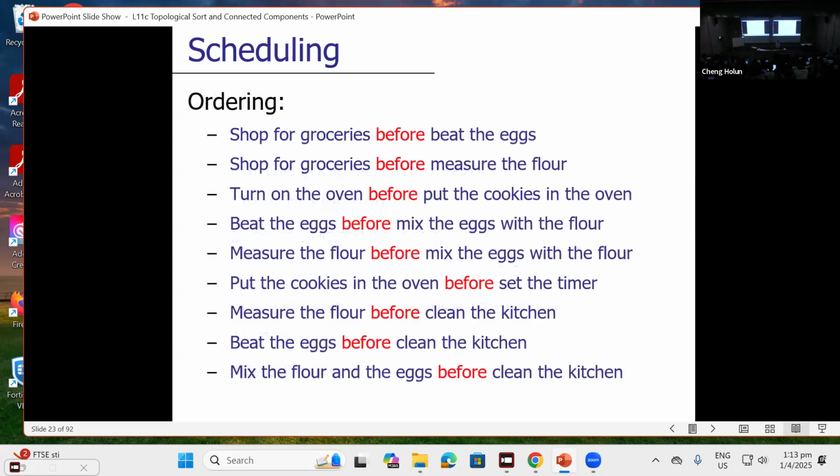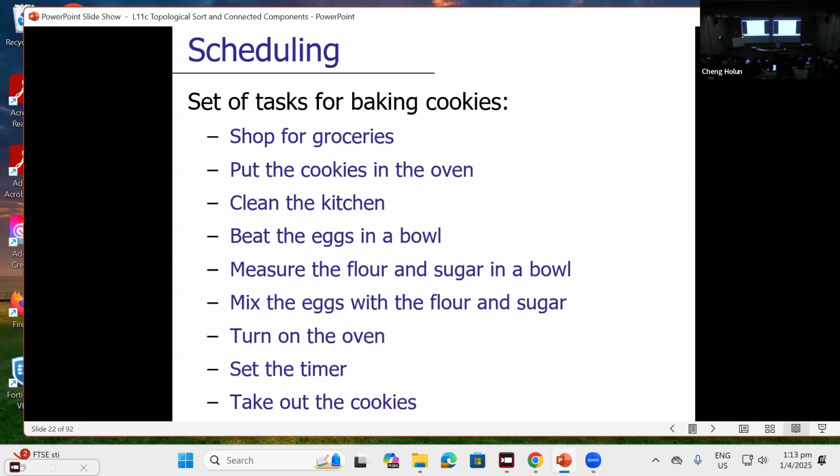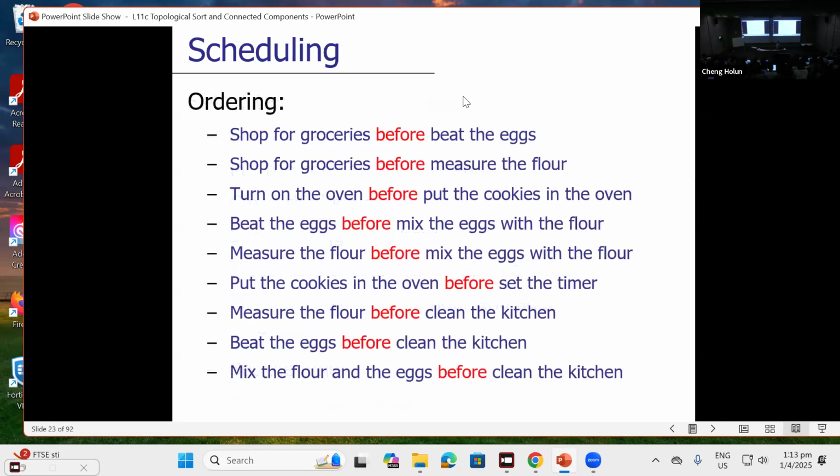However, there are constraints. I must buy the eggs before beating the eggs, right? I cannot beat the eggs without the eggs. For example, I must beat the eggs before mixing the egg with the flour. So among all these tasks, there are dependencies. I must do something before that.